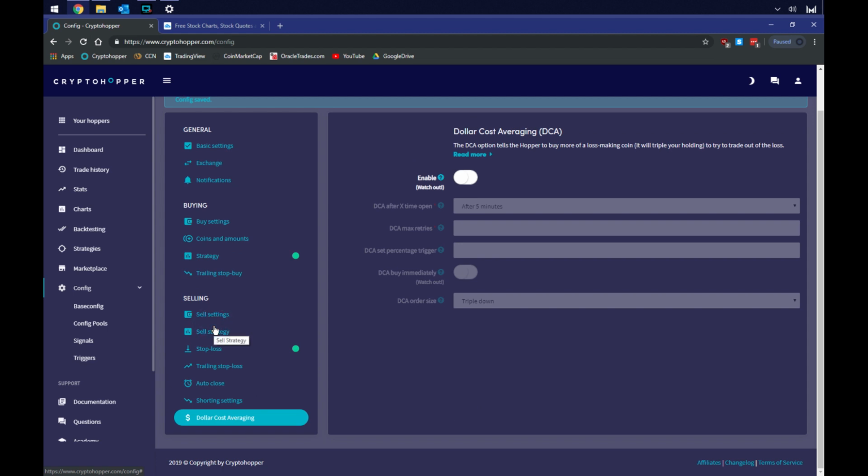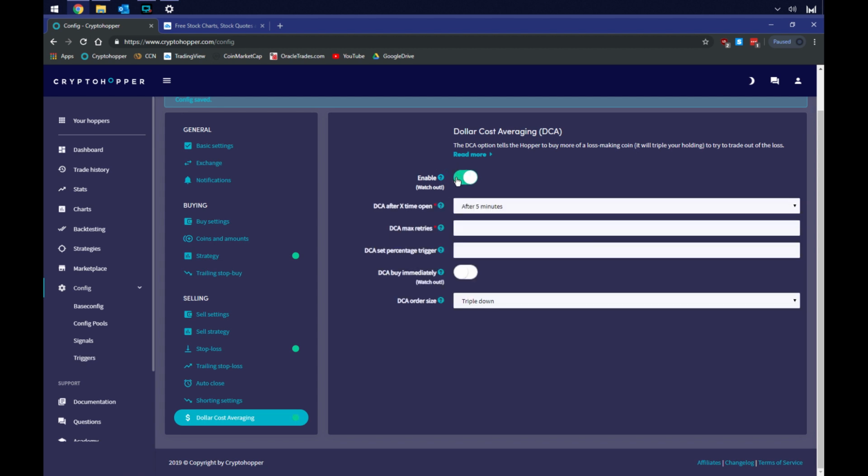The last option is the dollar cost averaging feature. This is quite interesting. This functionality will continue to buy a currency pair that is currently losing in the hope to lower the entry price on average. So if a pair drops by 5%, so that's the DCA set percentage trigger, selecting doubling down here instead of tripling will result in another buy when this condition is met.